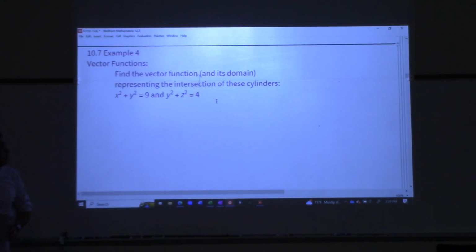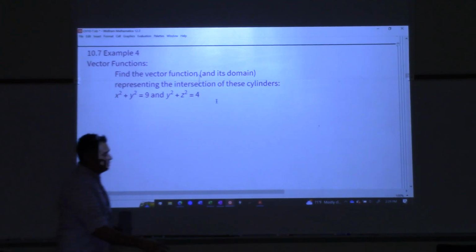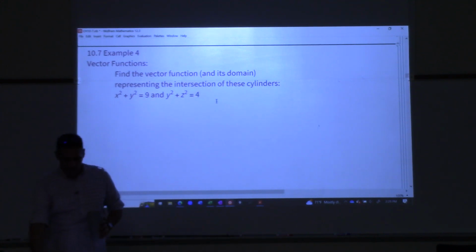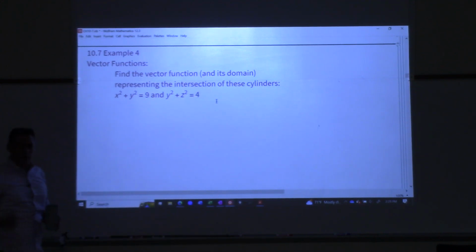I'll read it first. Find the vector function and its domain representing the intersection of these 2 cylinders. Now, we just talked about cylinders, didn't we? Okay.